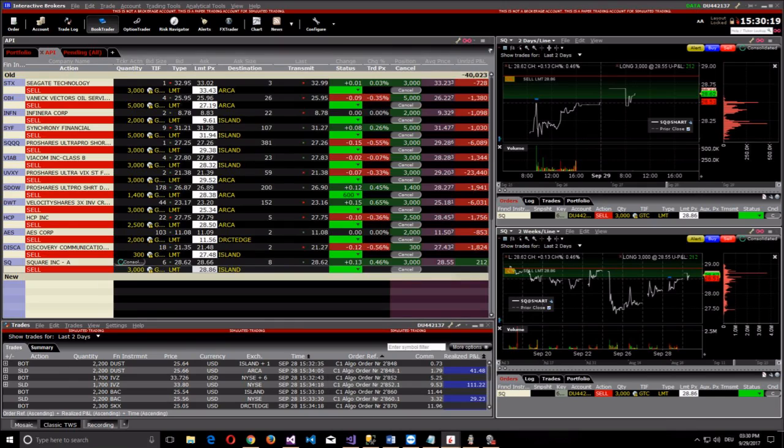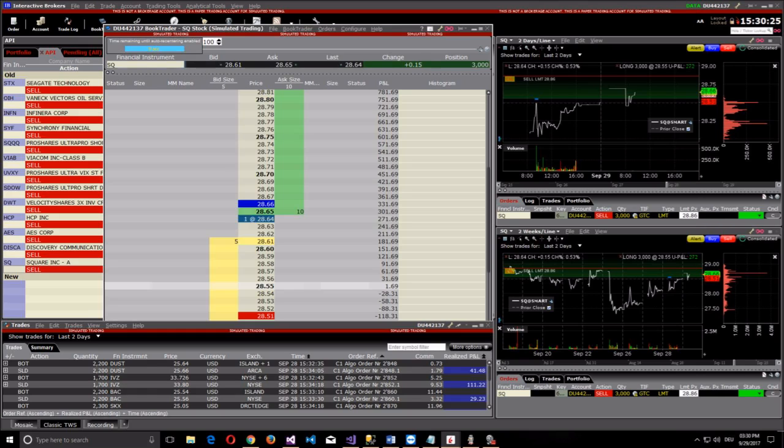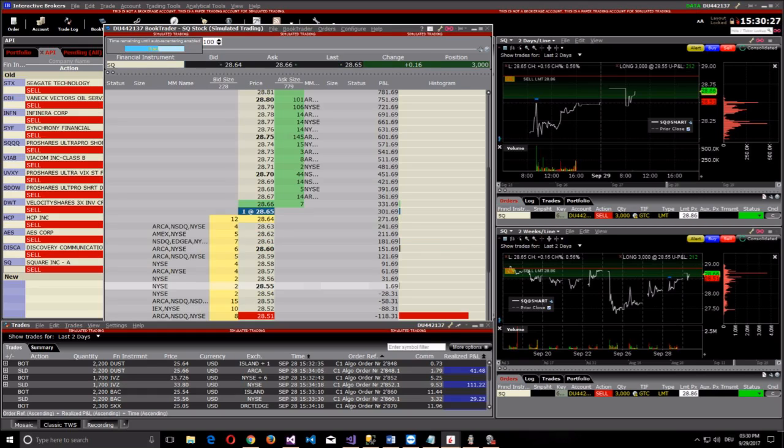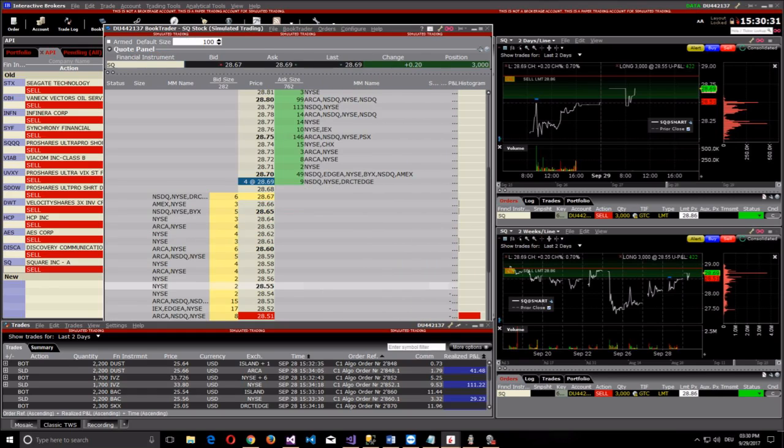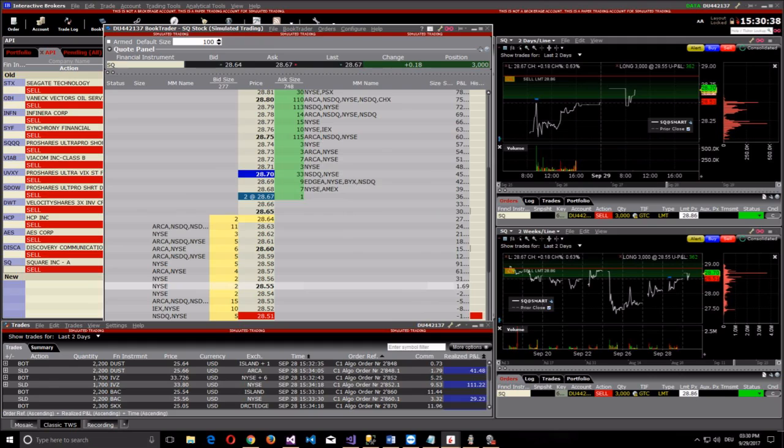Maybe it's interesting to have a look here at the book trader. SQ. A book trader will show you the exchanges. If you're not subscribing to a certain exchange, you will not see the prices of those exchanges. So here you see the exchanges and the amount of shares that are available.